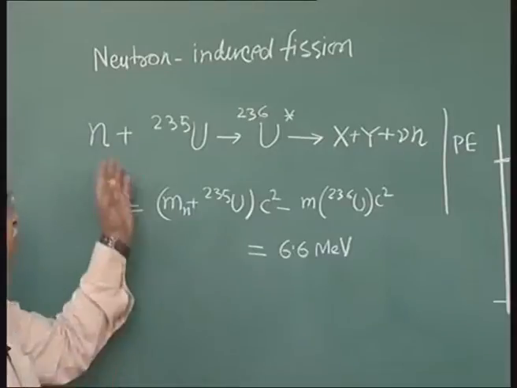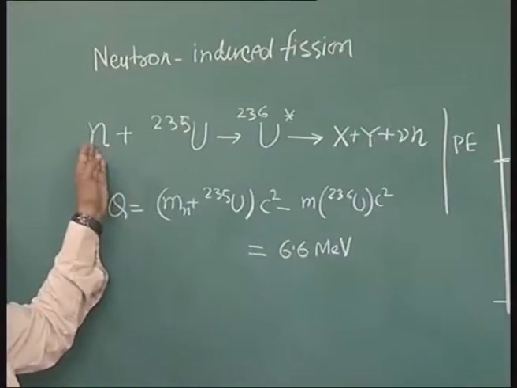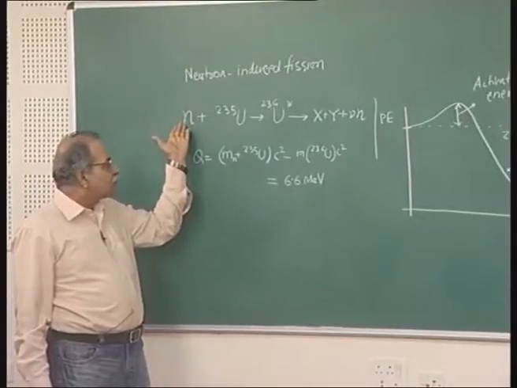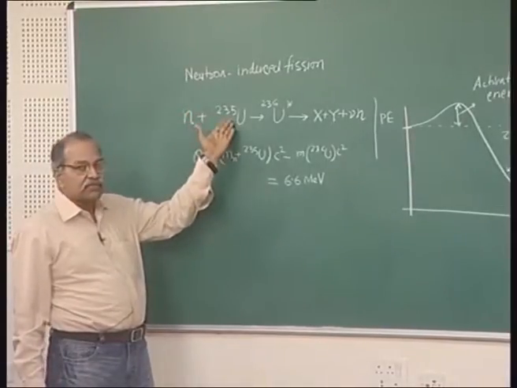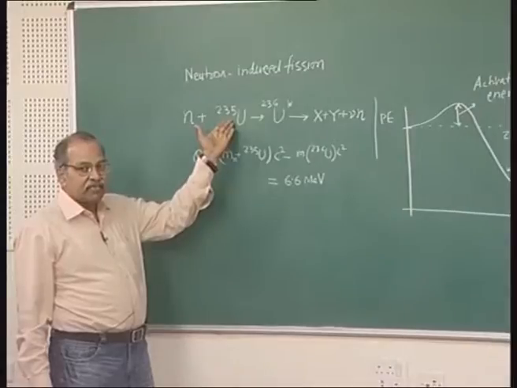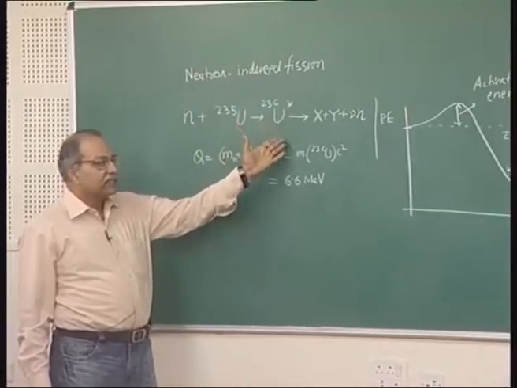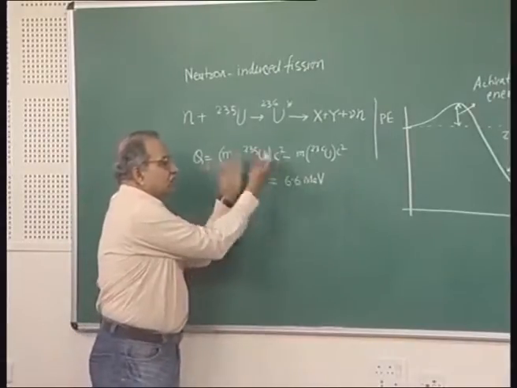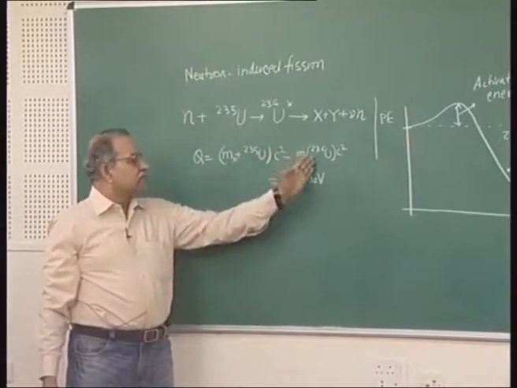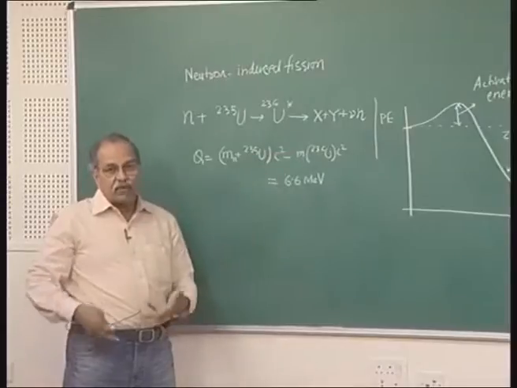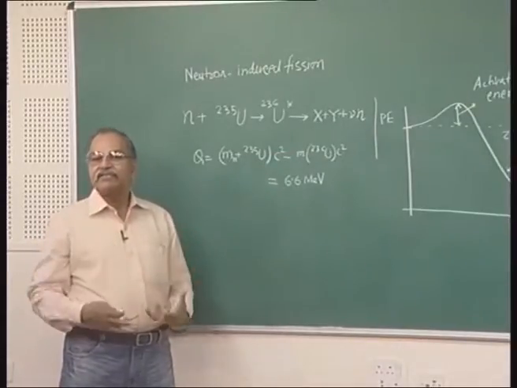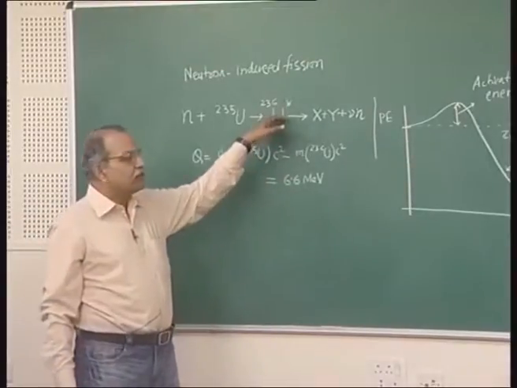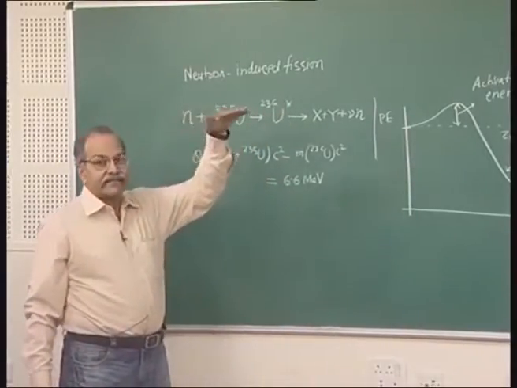So, if you send a neutron with almost 0 kinetic energy, and this neutron gets absorbed into uranium 235, making uranium 236, then that reduction in the rest mass energy will appear as excitation energy of this 236, and this uranium 236 will be prepared in that excited state.